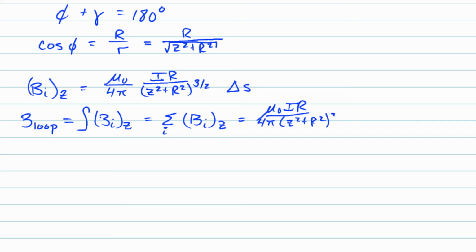We can pull out all of our constants, leaving us with just the sum over the little current segments. We're going to assume that these get as small as possible so that we can integrate instead of just summing over those individual current segments.